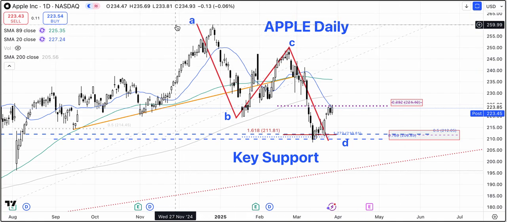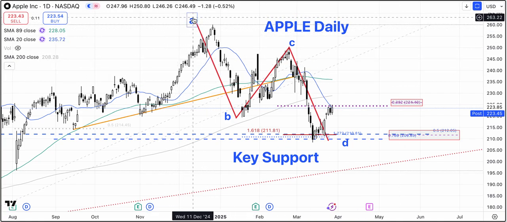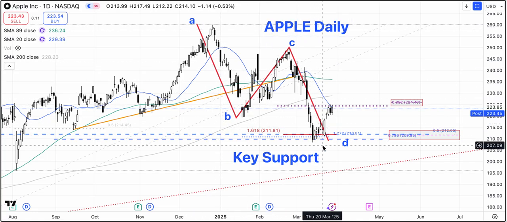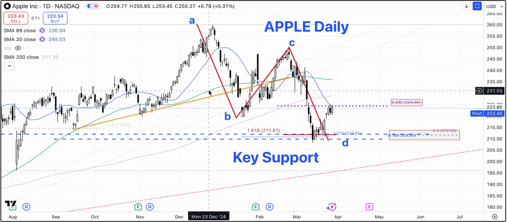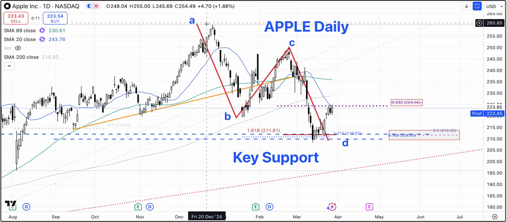What we are looking at is a key pattern formation, which is this ABCD, and basically it's a one-to-one price projection. For those new to the channel, a price projection is when a market makes a move.